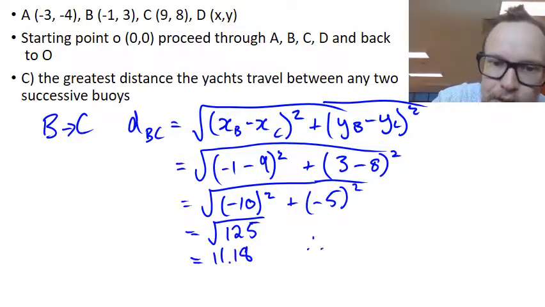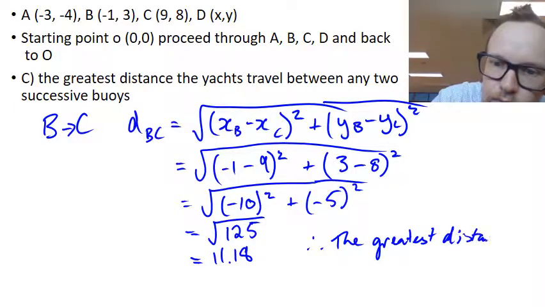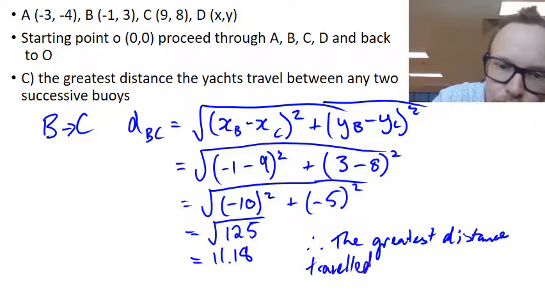Then we answer with, therefore, the greatest distance travelled is 11.18 units.